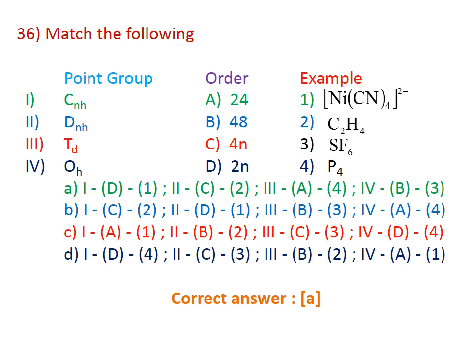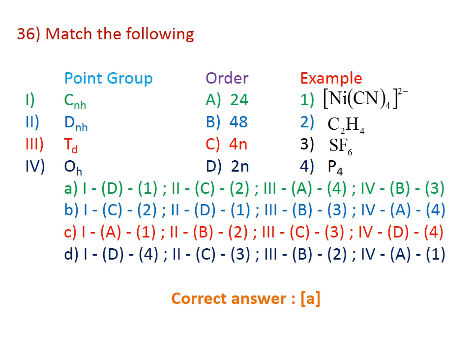36. Match the following: point group, order, example. Here the correct answer for this question is A. First we consider the point group Cnh, and here the order is 2n, and the molecule is Ni(CN)4 2-, 1D1. You consider the second point group Dnh, this order is 4n and the example is C2H4, second one C2.